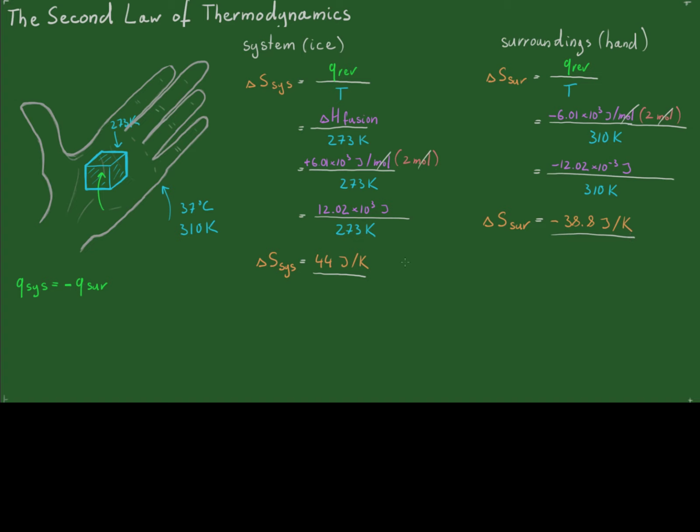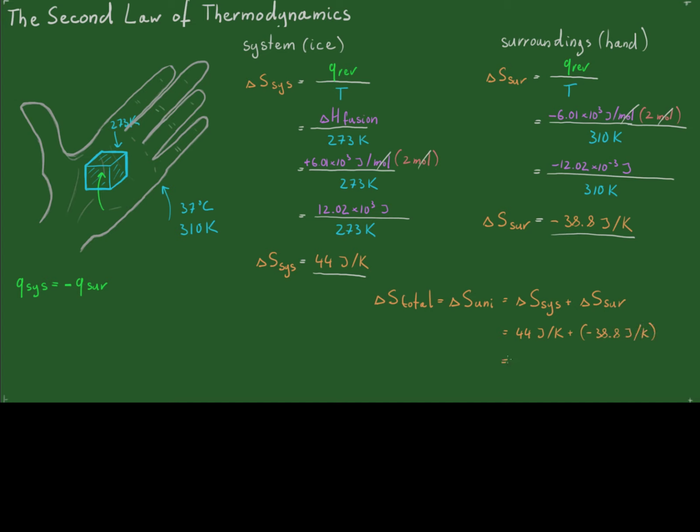So what is the total entropy? So we can say S total, which can also be written as the entropy of the universe, equals the sum of the entropy of the system and the change in entropy of the surroundings. In our case, that is 44 joules per Kelvin plus negative 38.8 joules per Kelvin.